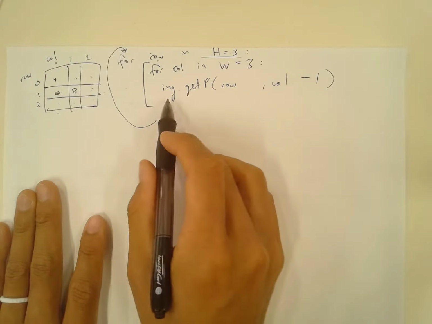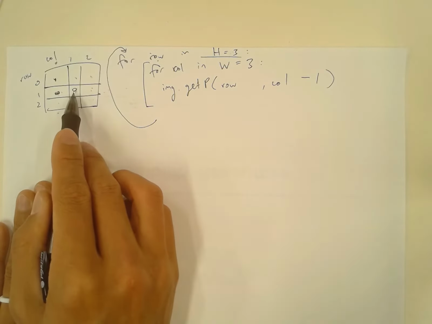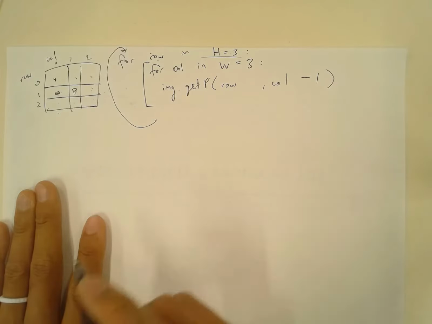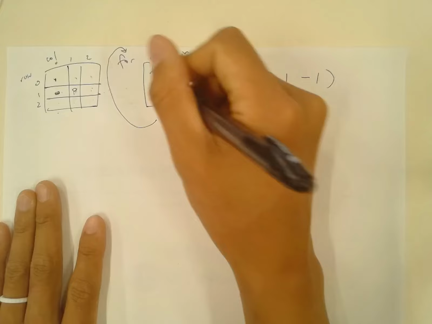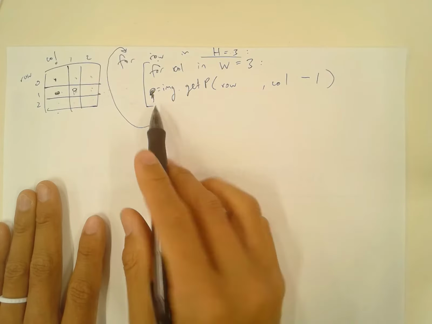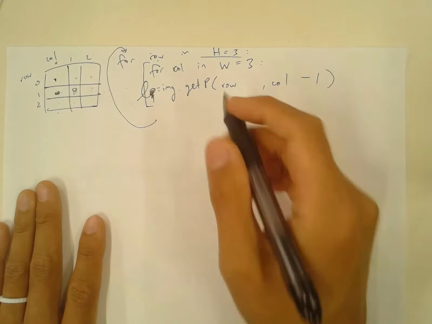So this get pixel here is going to be the pixel to the left of the pixel that we are trying to smooth out. And so we could say p is equal to, or I'm sorry, probably don't want to call it p, probably want to call it left. So we could say left is equal to this get pixel, right?